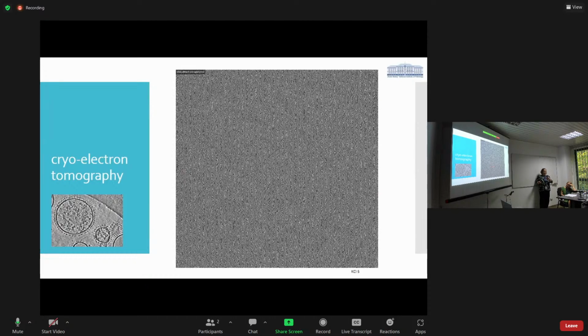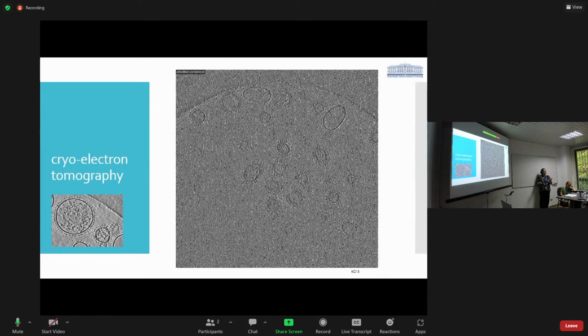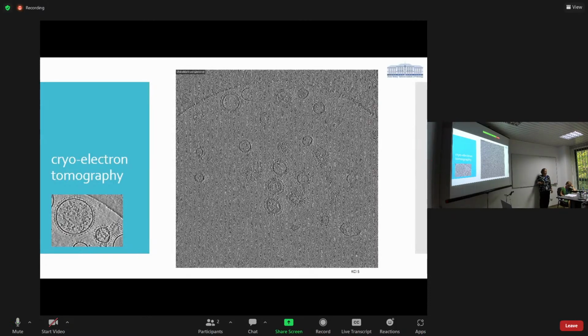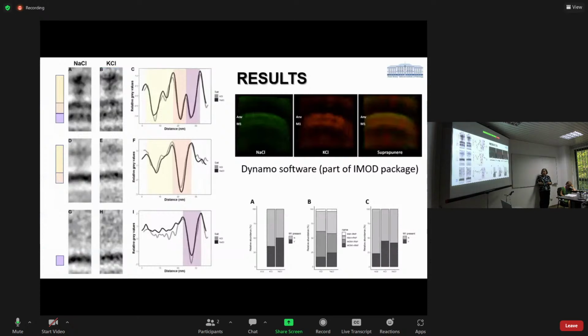From this reconstructed volume, we can extract some digital sections which are very, very thin and could measure the membrane. From tens of cryo-electron tomograms, we extract some particles and made some libraries containing thousands of particles, and measure the membrane in different experimental conditions.